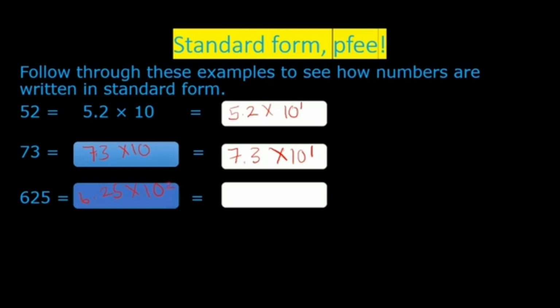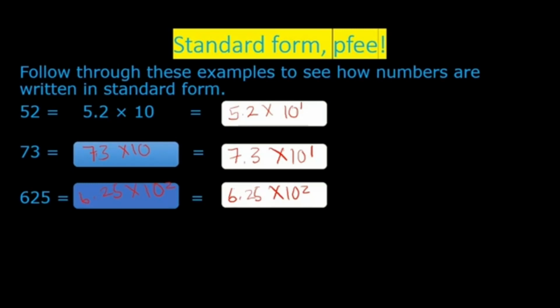So it means that the number is being multiplied by 100, or 10 to the power 2. Giving us 6.25 times 10 to the power 2.